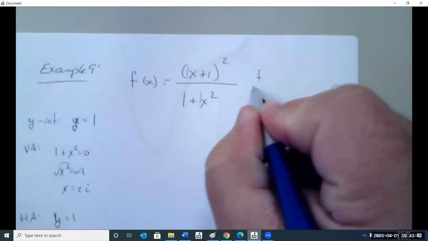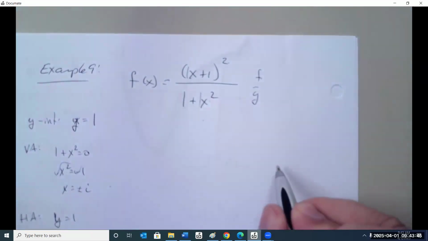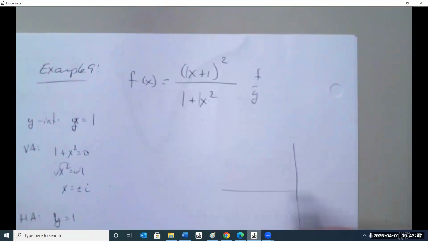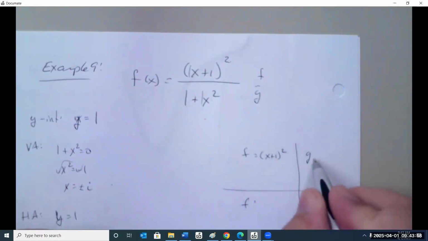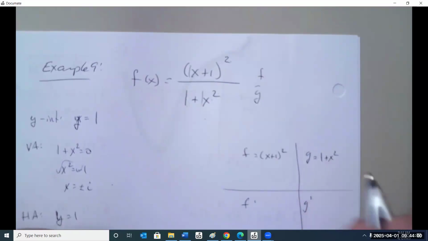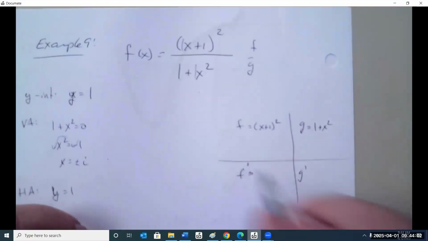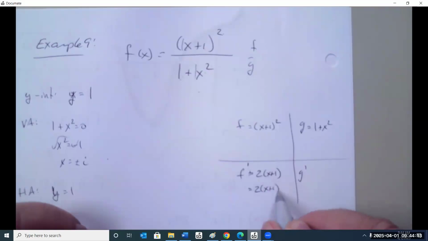So we have f of x over g of x. We have to use the quotient rule, of course. The top is x plus 1 squared. The bottom is 1 plus x squared. The derivative of the top is 2 times x plus 1 times the derivative of the inside, which is 1.